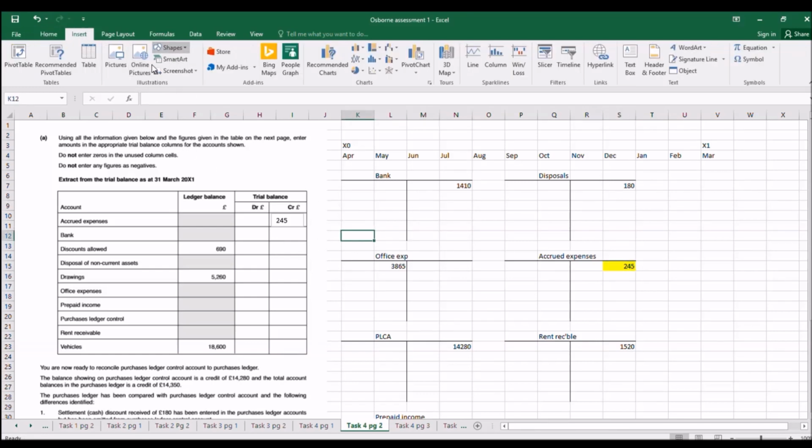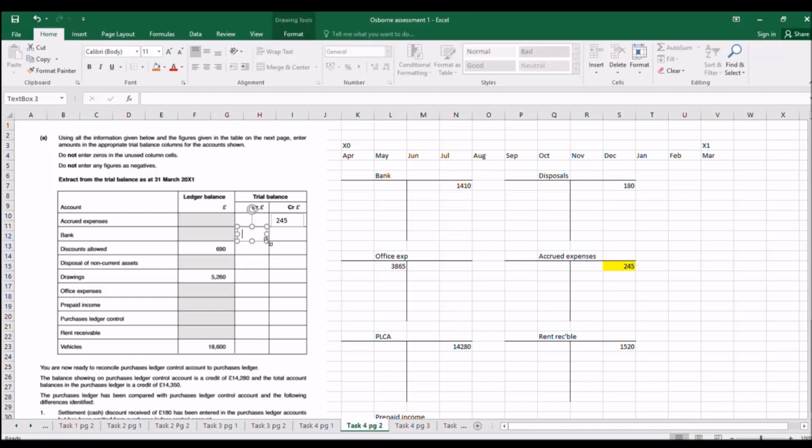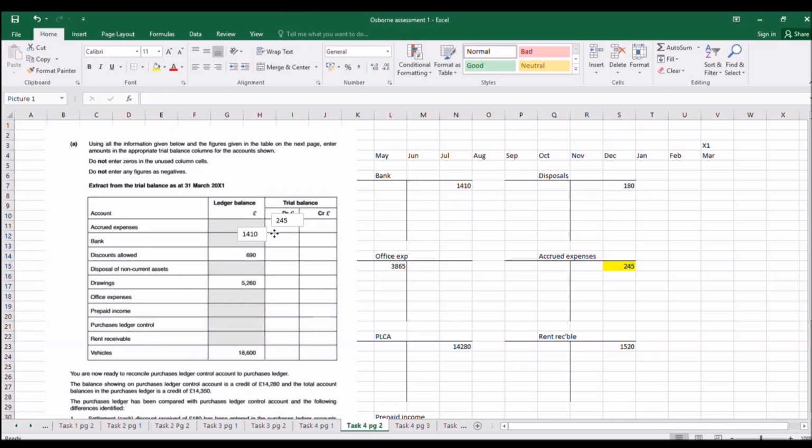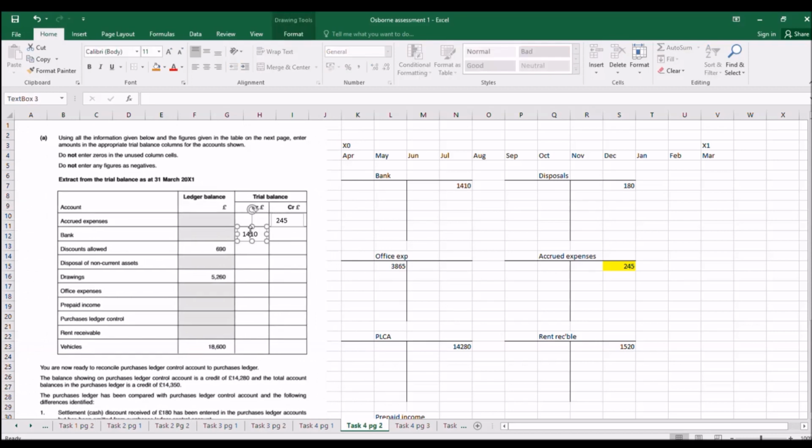Insert our bank here. We've got a bank 1410. So there you go, and see, this is where having it laid out in the T accounts makes it much more solid, because you can see that was a credit there. Discounts allowed.